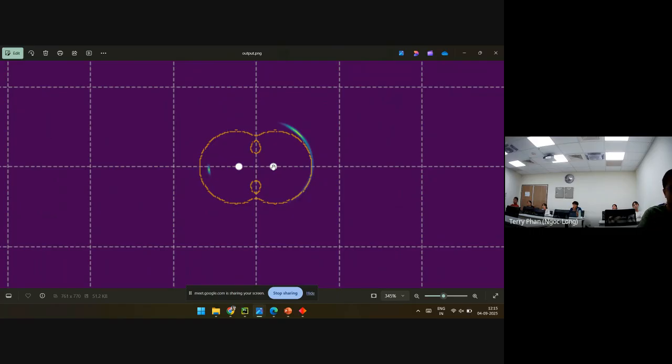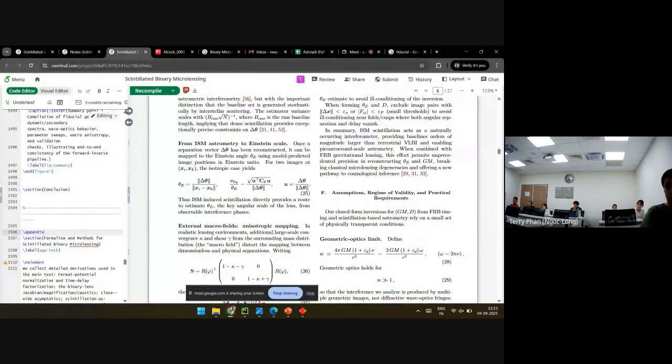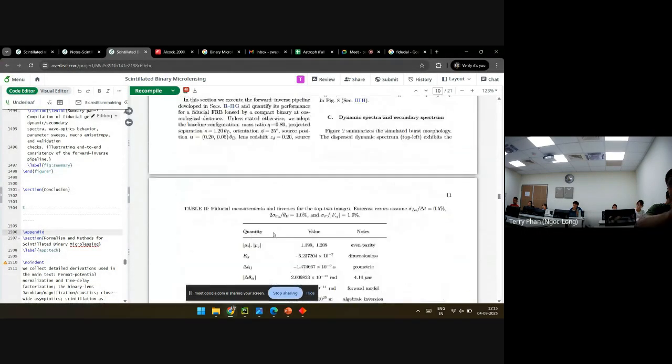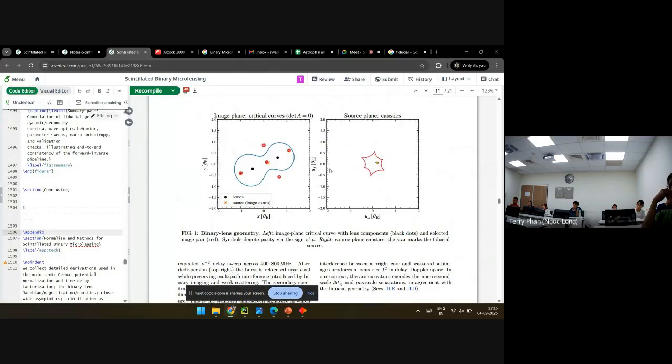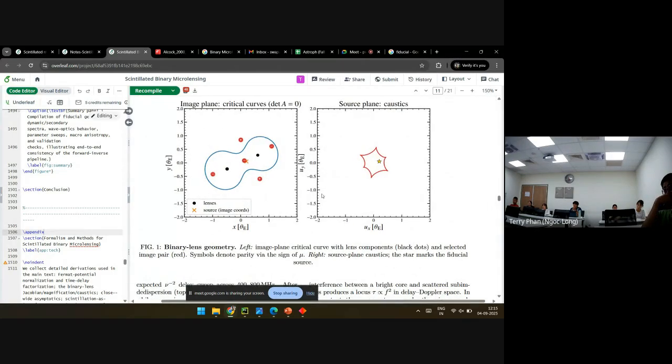From the background we'll get the FRB. Before we assume an example, what did you assume for the simple FRB? Yes, I will show. Like this. The FRB is at the position of the yellow star here.